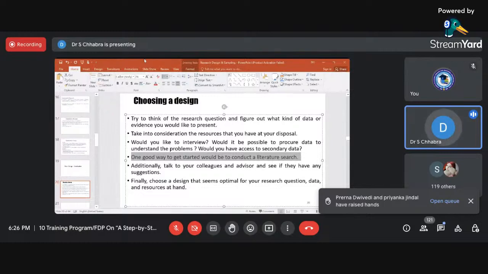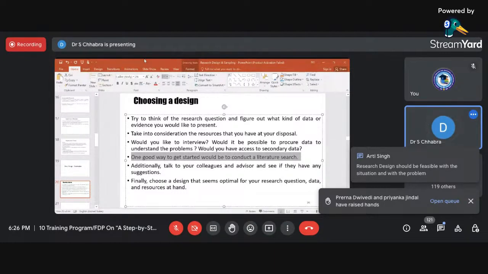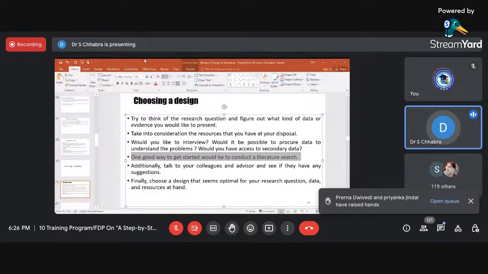So that's why I have highlighted that one of the best ideas to start with, if your question is which research design should I follow, is to conduct a literature review, and that can give you an idea of how you can figure out a research design that you can choose. And most importantly, remember what your research question is, what you are trying to get into.